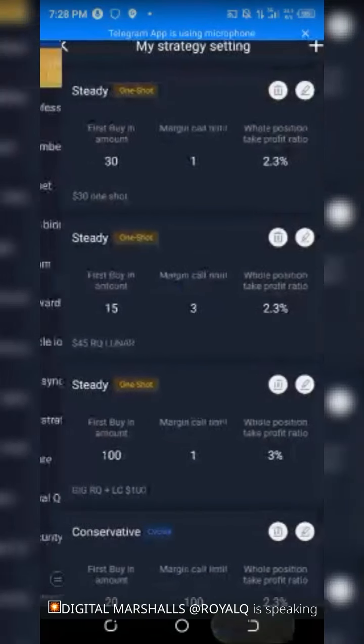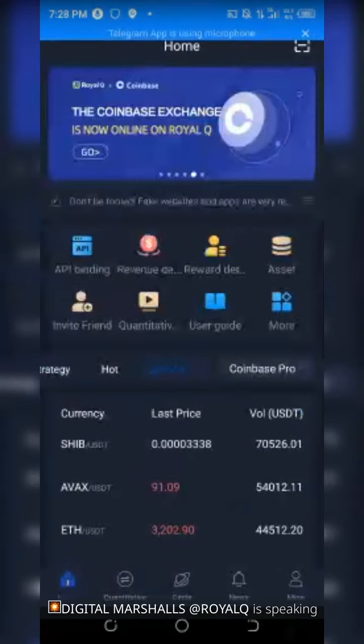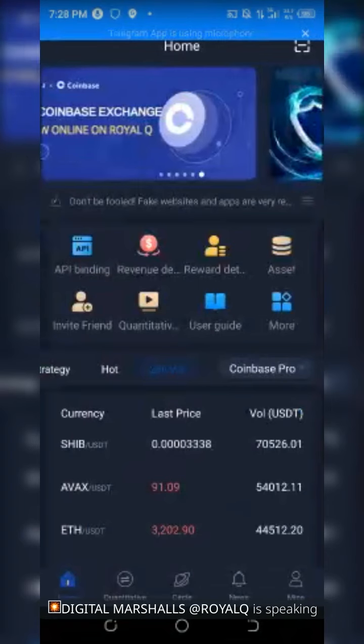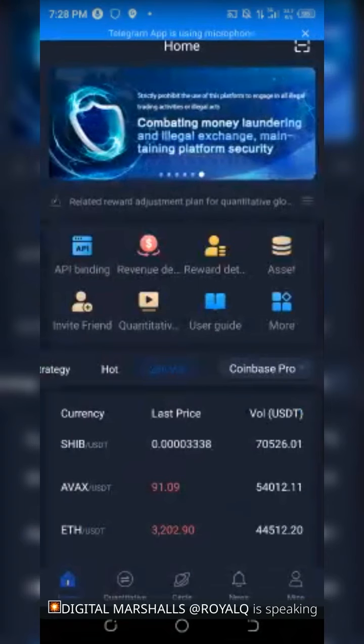All right, so you can mute your mic. I'm starting the process. So how do you set a trade on cycle mode?